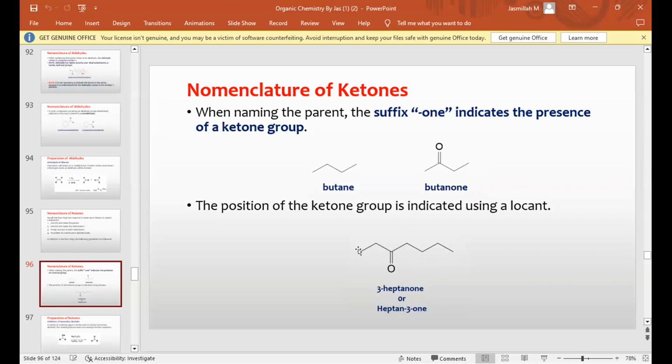We start counting from one side, but we want our ketone group to have the lowest number. So 1, 2, 3, 4, 5, 6, 7 from either side. So 3-heptanone.